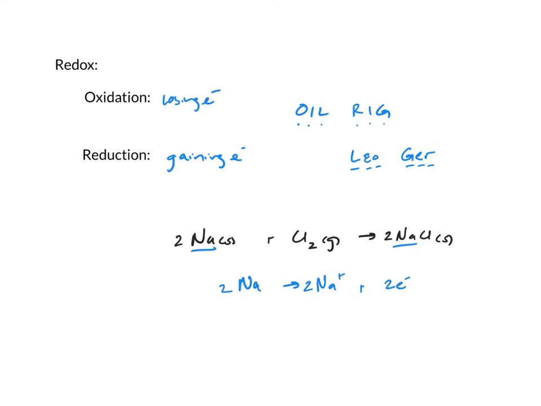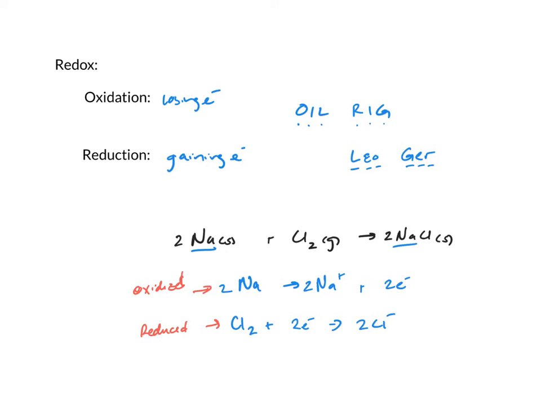So the sodium metal is losing electrons to go from Na to Na+, and the chlorine is gaining electrons to go to Cl-. In this case, the sodium is losing electrons, so it is being oxidized, and the chlorine is gaining electrons, so it is being reduced.